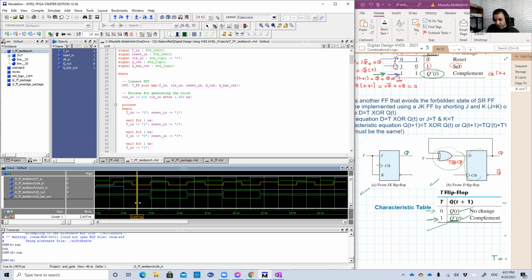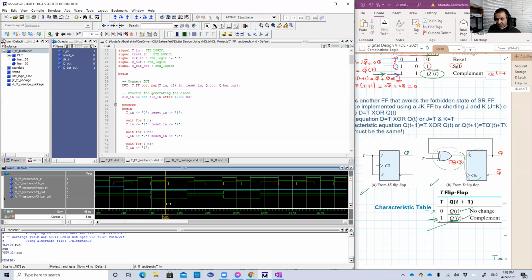With the first positive edge at 4 nanoseconds, the value of T is 1. 1 means complement, toggle. That's why it's called the toggle flip-flop, because it always toggles when T is 1. Q was 0, so it becomes 1 because T is 1, and of course Q bar becomes 0.